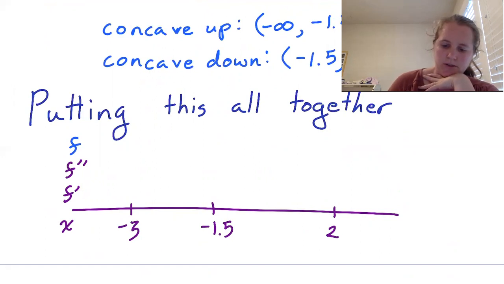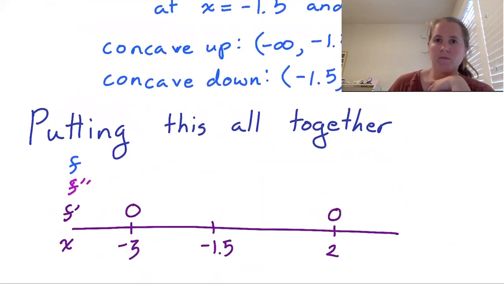Let's actually do these in 3 different colors. So the first derivative was 0 at -3 and 2. The first derivative was negative, then positive, then negative.